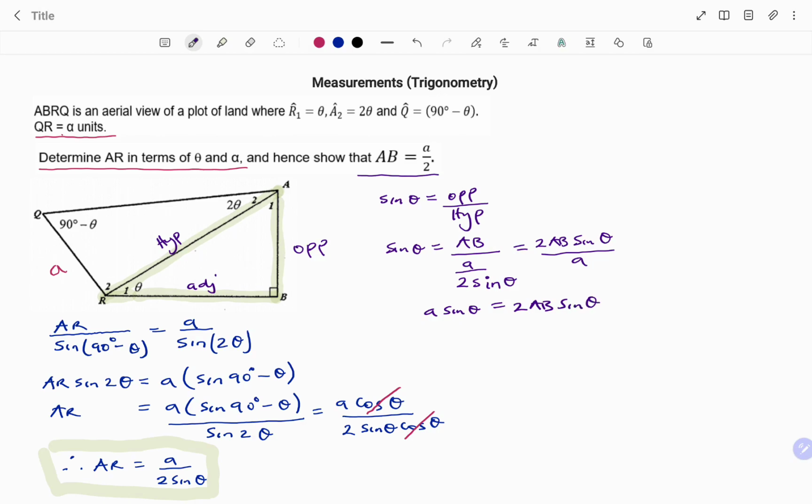Dividing both sides by 2 sine theta, we have sine theta dividing sine theta, and 2 dividing 2. Therefore, we are left with a over 2 equals AB, which is the same thing as AB equals a over 2. Let's look at the second example.